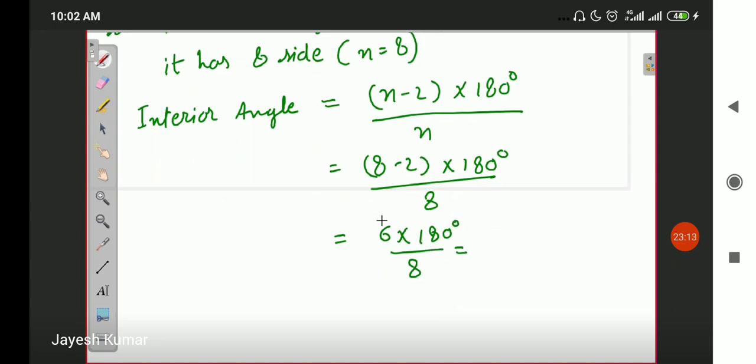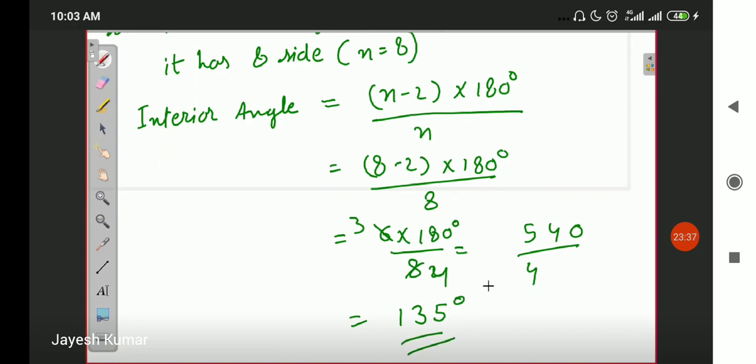We have to simplify it. 6 into 180 is 1080 upon 8, and when simplified, 135 degrees. So every interior angle for this regular octagon will be 135 degrees.